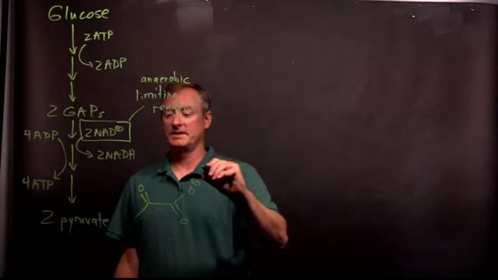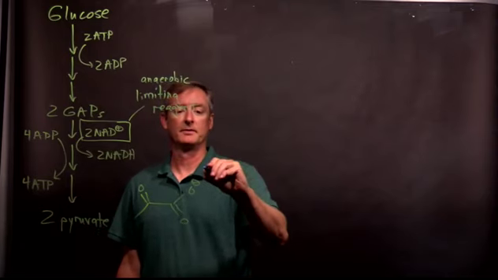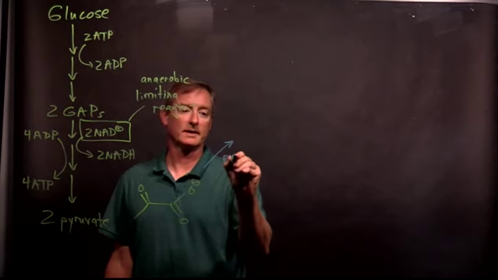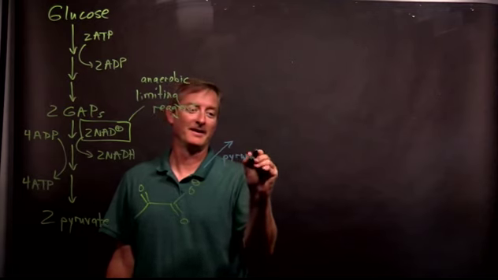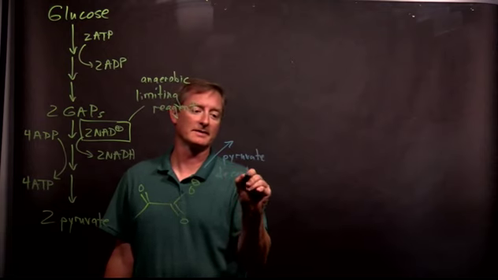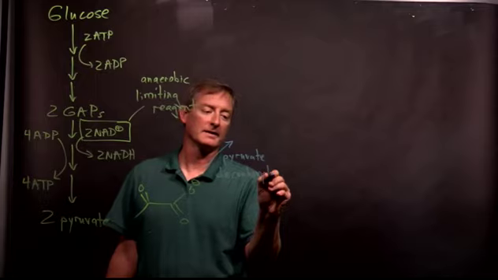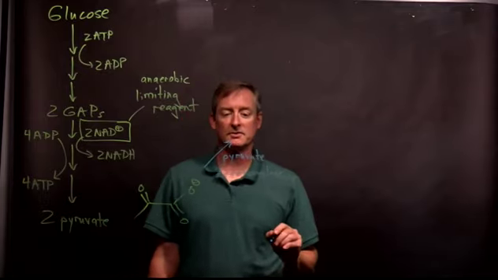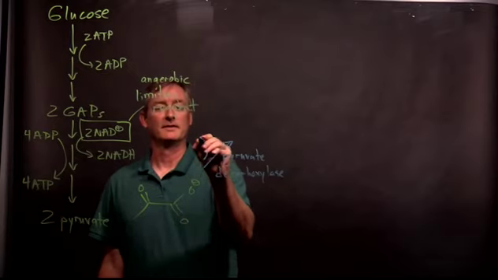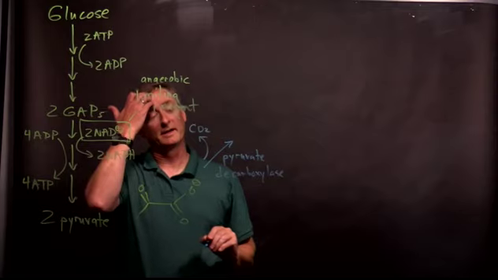Okay, it turns out fermentation has 2 steps. The first step is catalyzed by an enzyme called pyruvate decarboxylase. Again, these enzymes give us lots of clues as to what they're doing. This is a decarboxylase, and so it removes carbon dioxide.